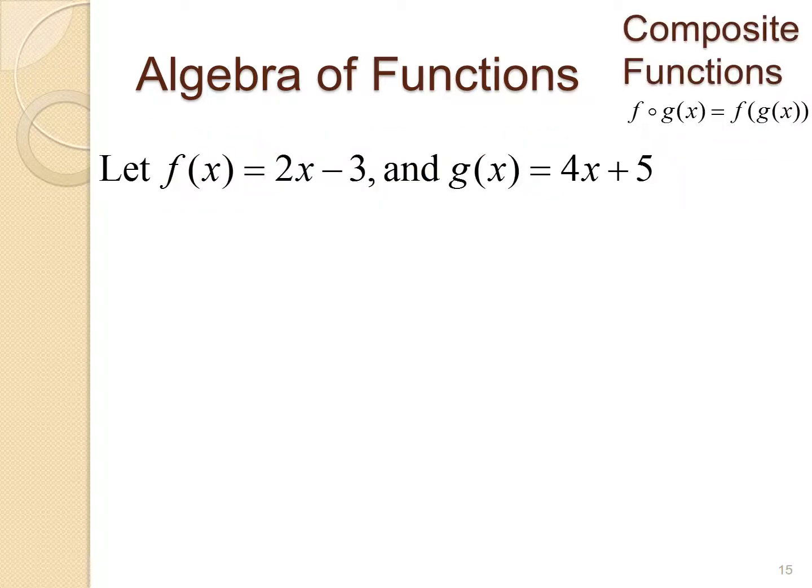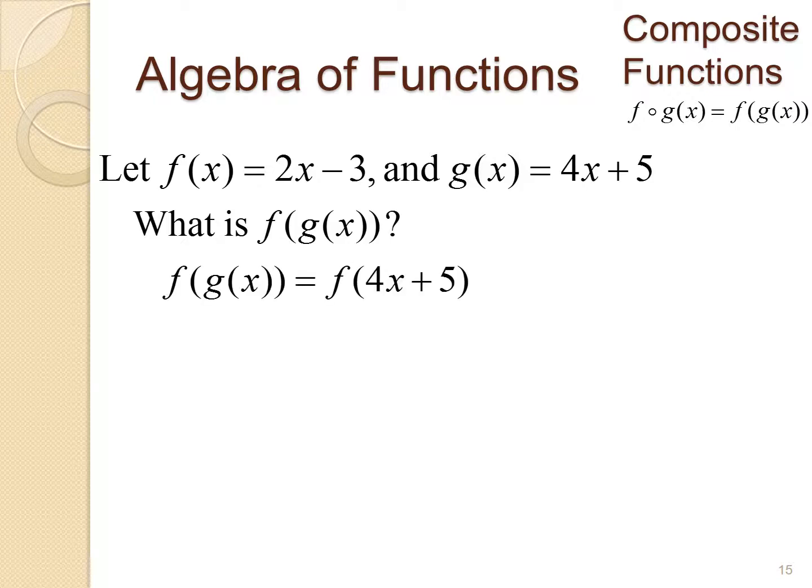So now, if we're doing a composite function of f of g of x, then we put g of x into f of x. When you think about it, when you're doing parentheses, you always do what's inside the parentheses first. So the first thing we do is put in g of x. G of x is inside the function f of x.